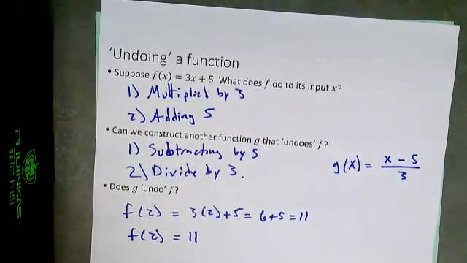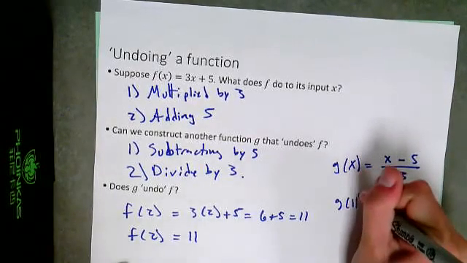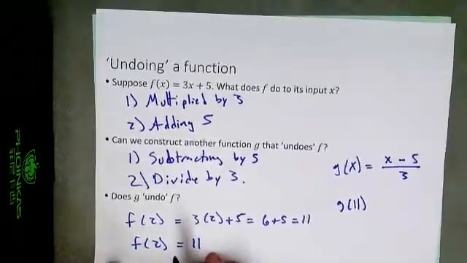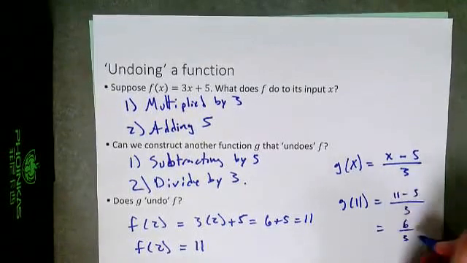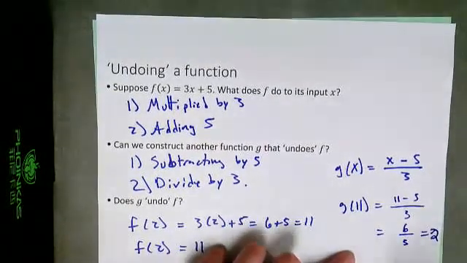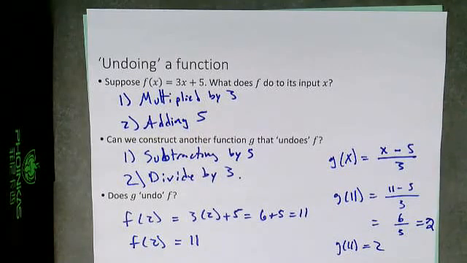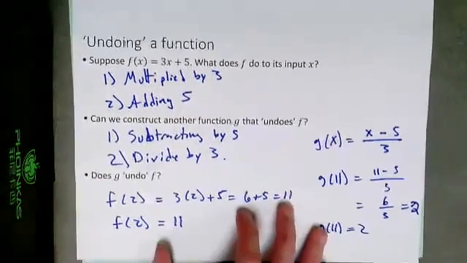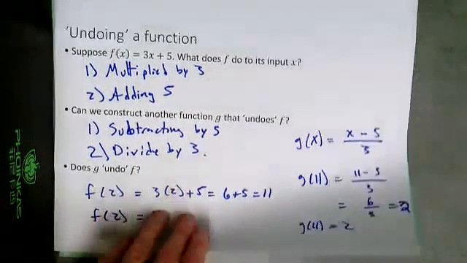If g does undo f, then if we have g of 11, we should get back 2. So g of 11 gives us 11 minus 5 over 3, 6 over 3, which is 2. So g of 11 is 2. This is how you undo a function, the basics for inverse functions. Now let's go on to that.